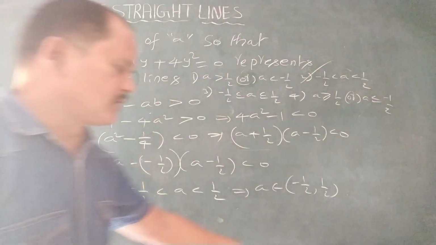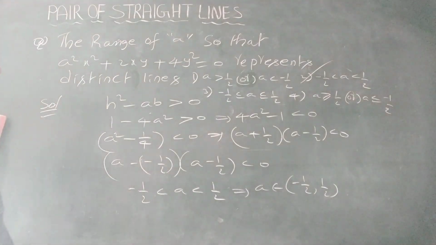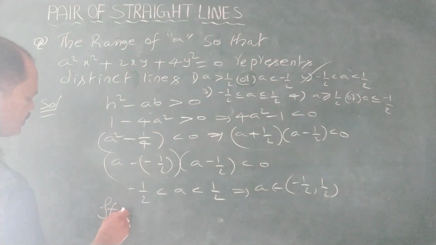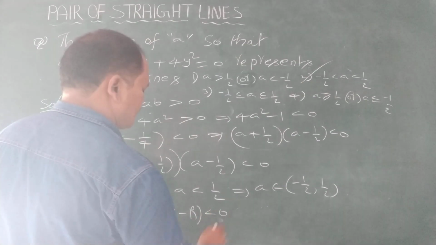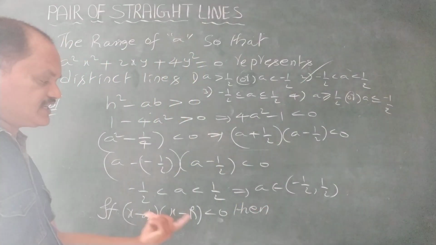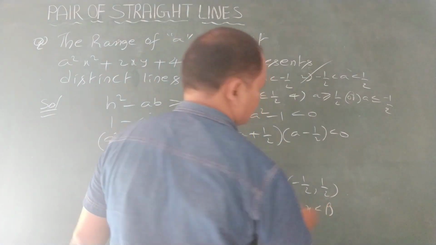Right. Now we are going to one more question depending upon this concept. This depends upon the formula: if x minus alpha into x minus beta is less than 0, then the value of x lies within the interval alpha and beta. That's why alpha less than x less than beta.